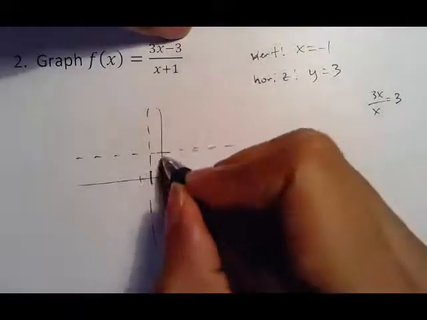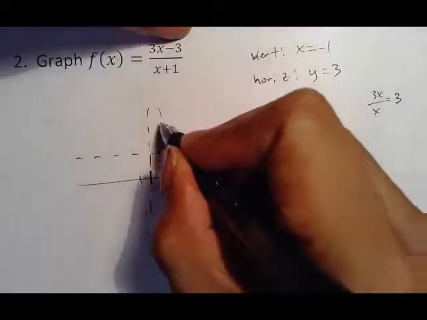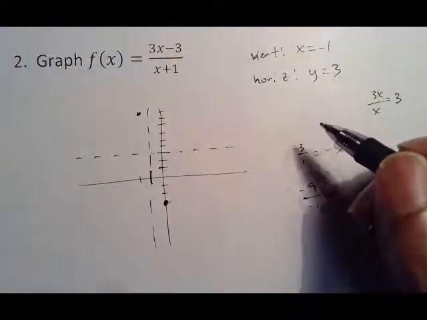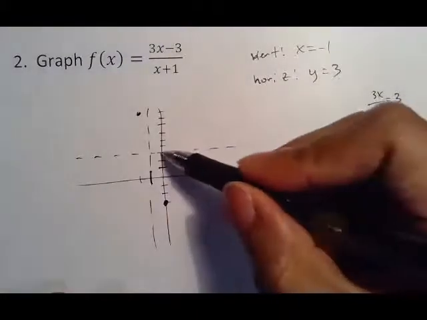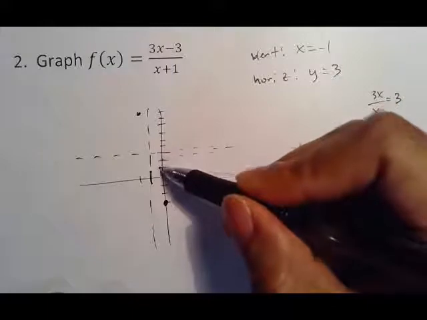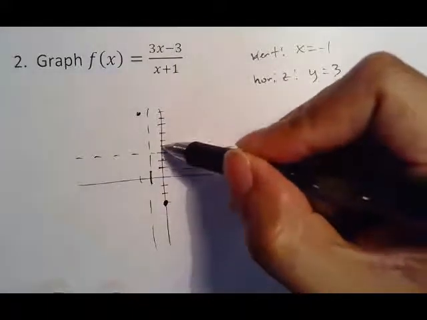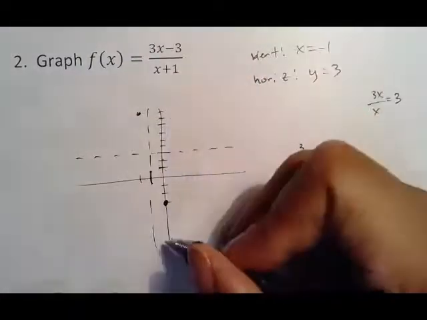So 1, 2, 3, 4, 5, 6, 7, 8, 9 here. And again, looking at the behavior, pretty consistent. If you look from this line, 1, 2, 3, 4, 5, 6 jumps down versus 1, 2, 3, 4, 5, 6 jumps up.